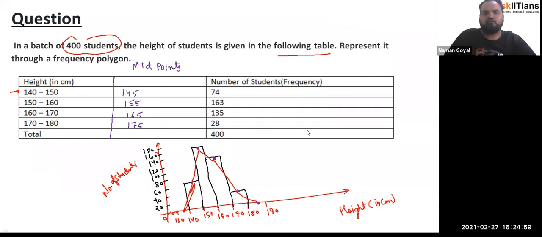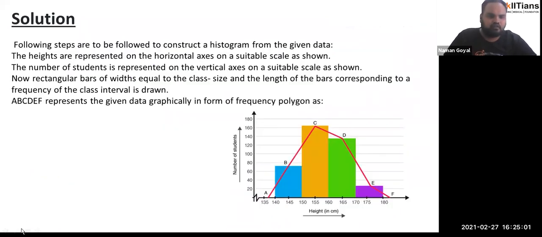Let me show you how a proper graph looks like. So if you see, these are the following steps. See, in paper you have to write down the steps also. So that's why I'm going to tell you how we draw this graph. The following steps are to be followed to construct a histogram from the given data. Okay, now first is what?